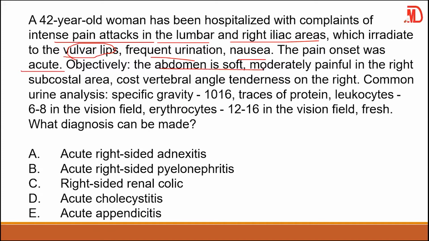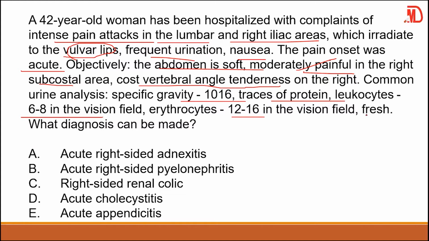Objectively, the abdomen is soft, moderately painful in the right subcostal area. Costal vertebral angle tenderness on the right is present. Then urine analysis: traces of proteins, leukocyte 6 to 8, erythrocyte 12 to 16, and it is fresh. What diagnosis can be seen?